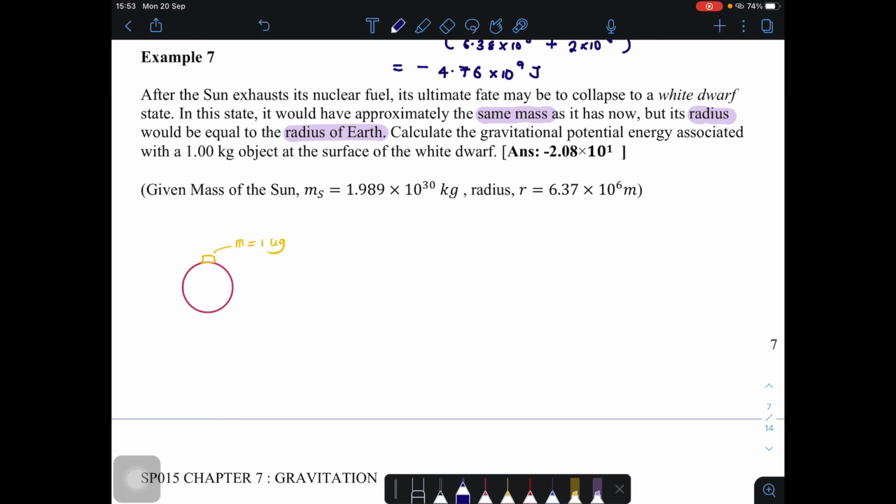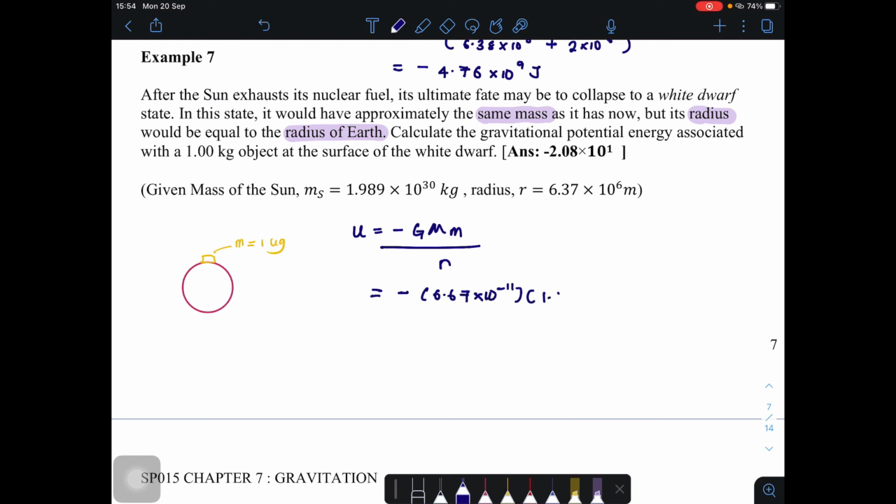So this one is also straightforward because what we want to find is the potential energy. So use the same formula divided by R. Here, since the object is on the surface, R will be equal to the radius of the Earth, which is this one. No need to add anything because it is exactly at the surface. So you just put in all of the values that we have.